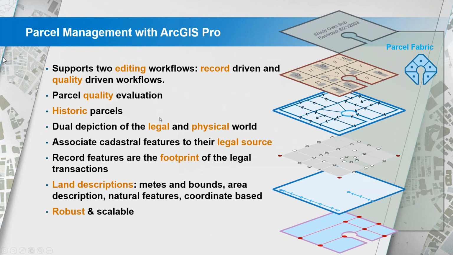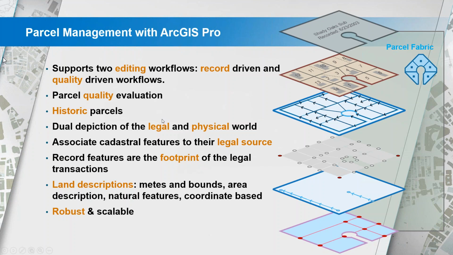We're taking it a step further with the Pro Parcel Fabric in that we are capturing the global IDs that caused that parcel to be retired. So if a split is performed, the parent parcel's global IDs will be captured to the child parcels, and that way we can start mapping out the parent-child relationship between those particular parcels.